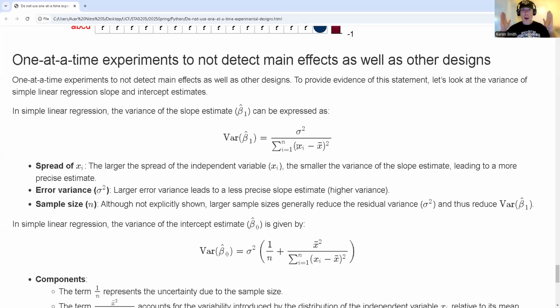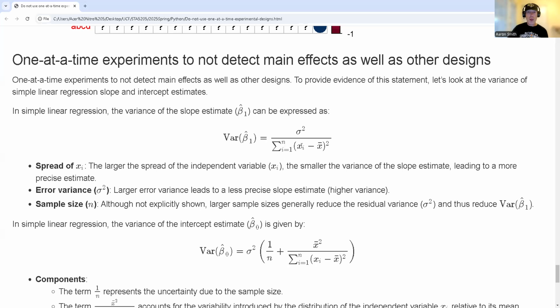But if I believe that simple linear regression or multiple linear regression is the right way to go, I want extreme values of x and nothing in the middle. Remember, if I want to draw a straight line, I need 2 points. That's like an elementary school fact. What I'm doing here is, since I have data, I'm putting all my data points out at the extremes to improve the overall straight line estimation.